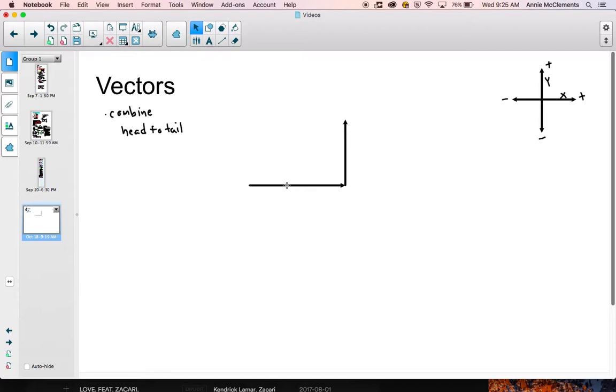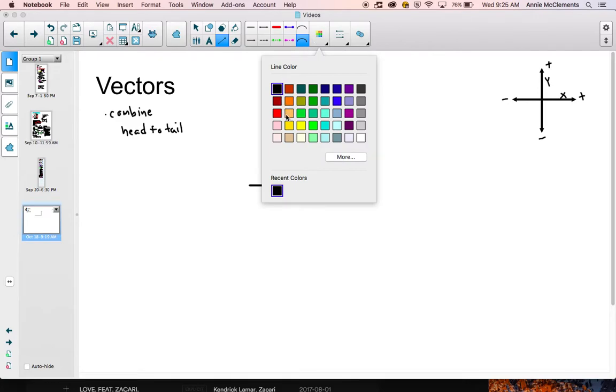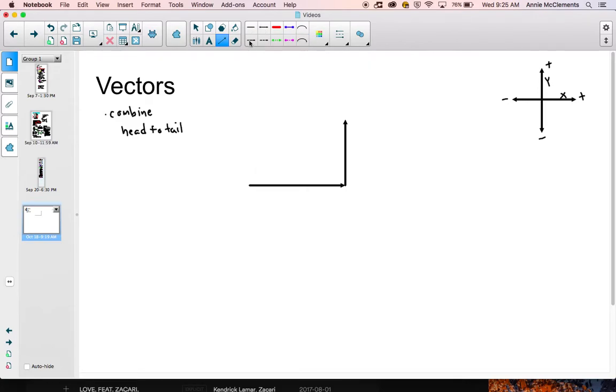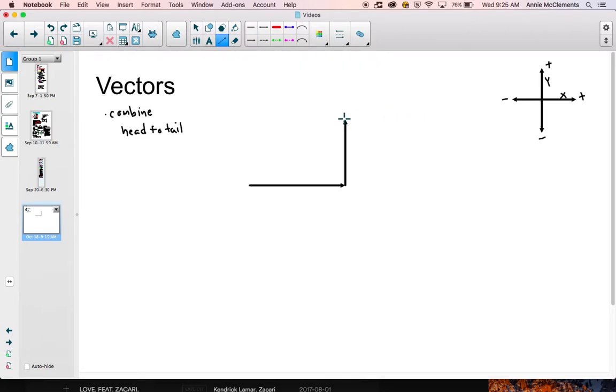So the combination of these two, I'm going to complete them using the same head to tail methodology. My sum vector is going to start at the head of this one, and its own head is going to end at the tail of the other.